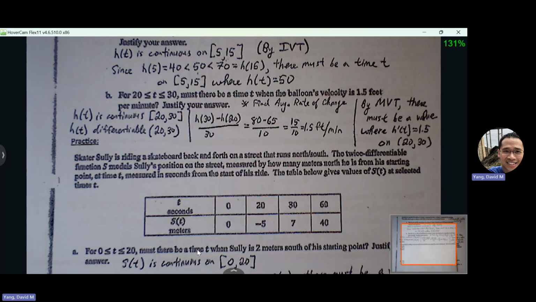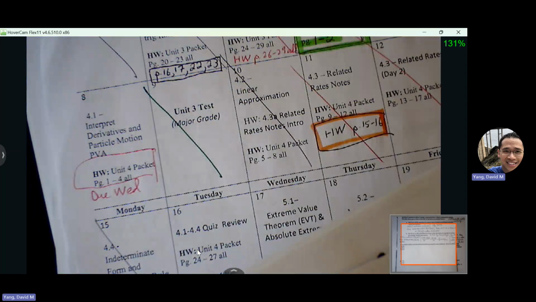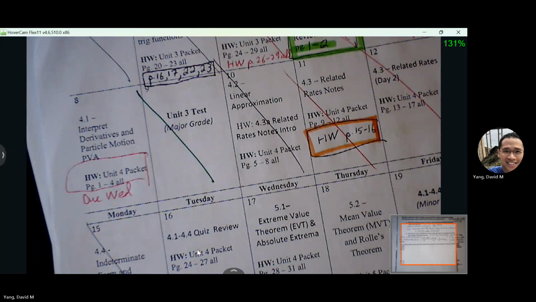I would just like for us to practice more with these steps for mean value theorem. So can we turn to page 12?